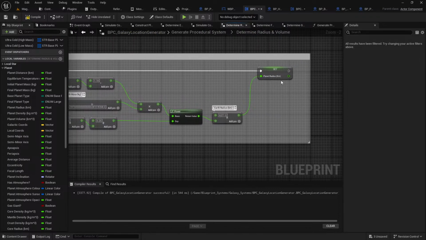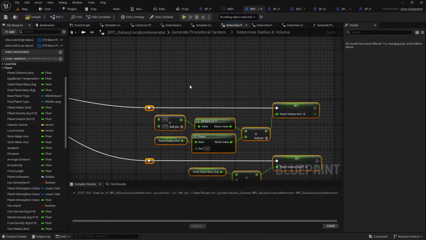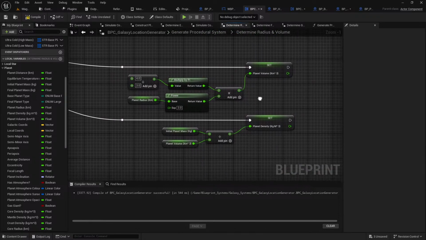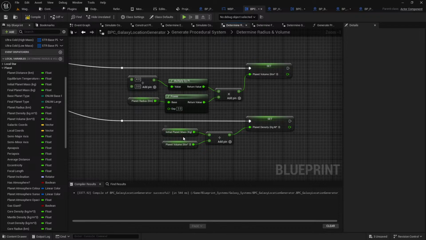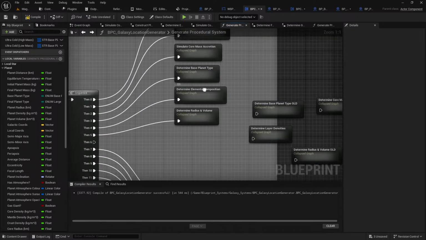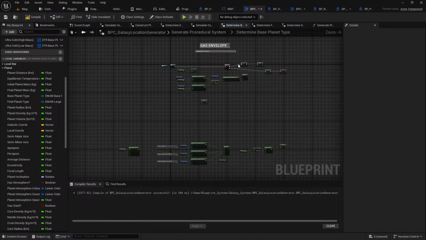Right, so we've got our radius, and then we use our radius to determine the volume, and then we take our initial planetary mass, although to be honest, is it even an initial mass at this point?